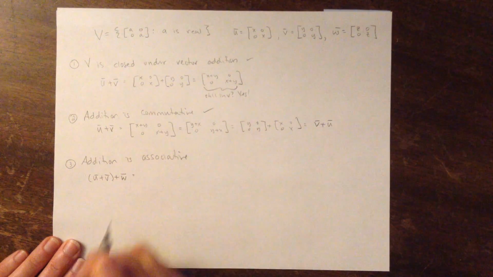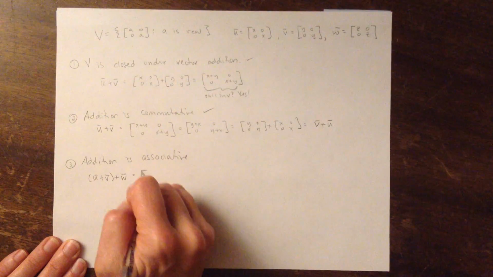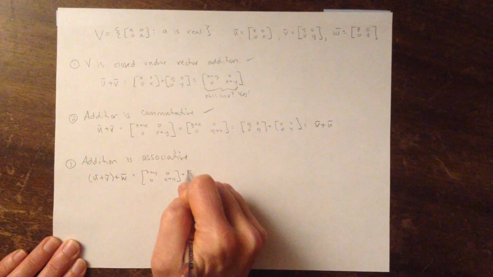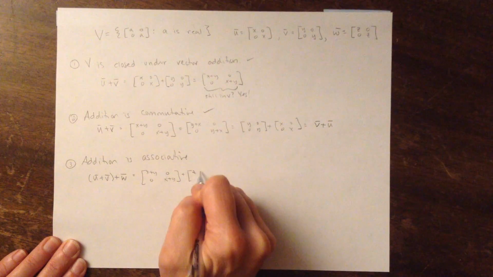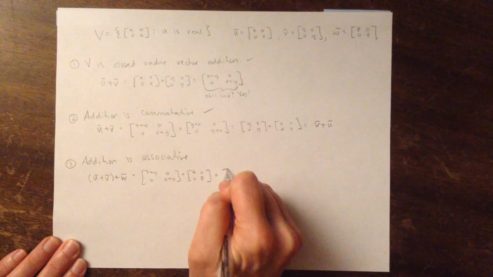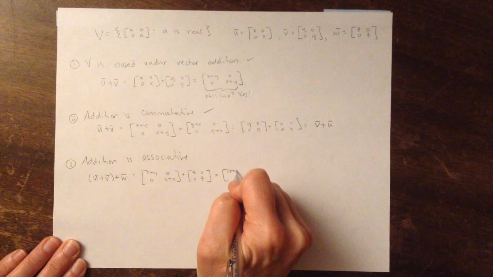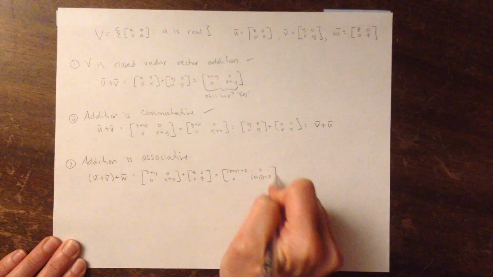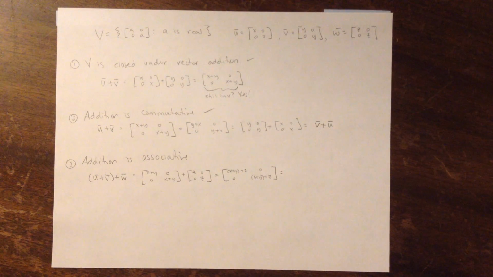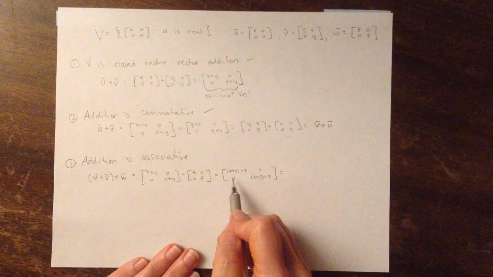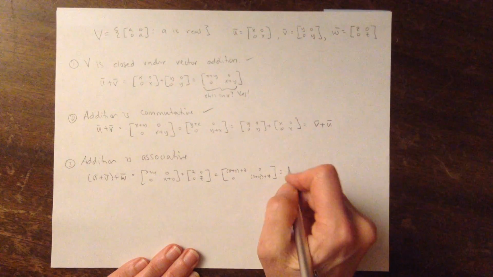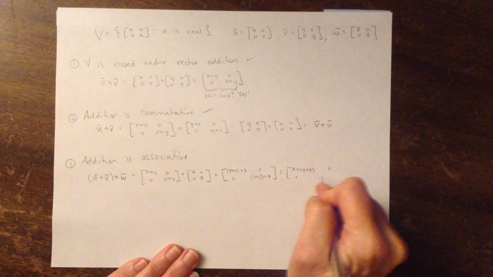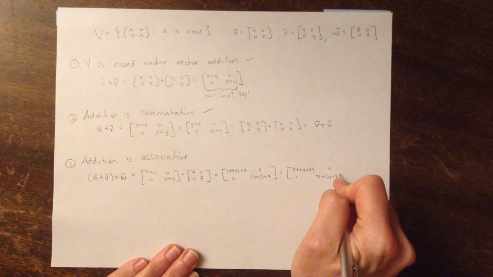So yeah, I guess I'll do it out. U plus V again up here was x plus y, 0, 0, x plus y. And then if you add the W I defined up here as z, 0, 0, z, when I add these together, I'm going to get the x plus y plus the z, 0, 0, and then x plus y plus the z here. And then, because of the associativity of addition in real numbers, I can scooch these parentheses from there to there: x plus y plus z, 0, 0, and x plus y plus z.